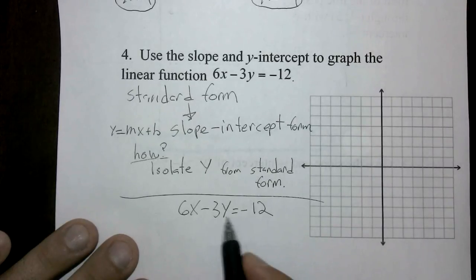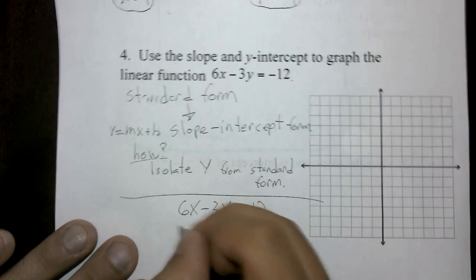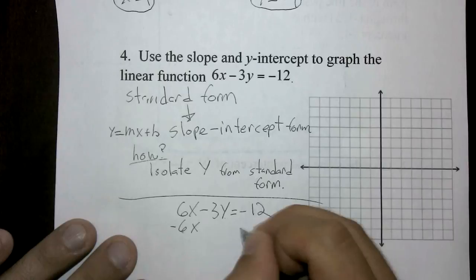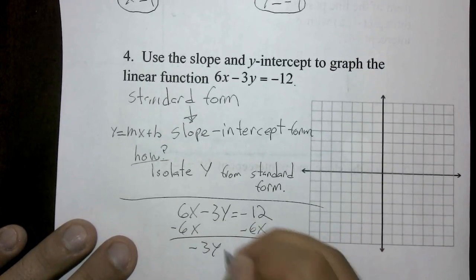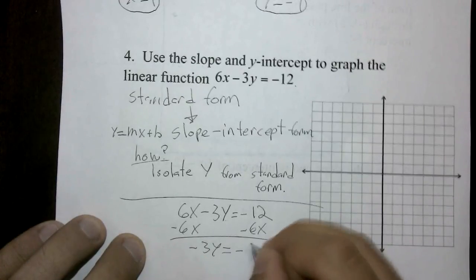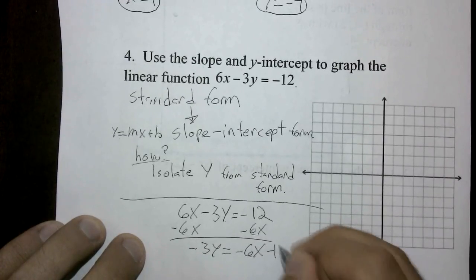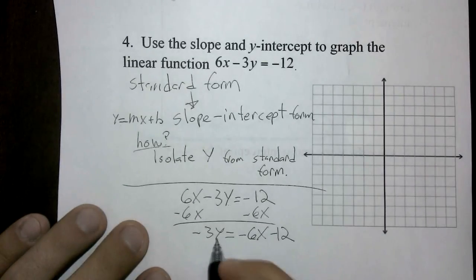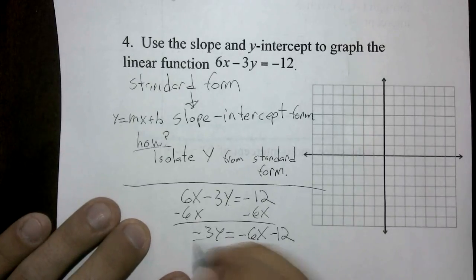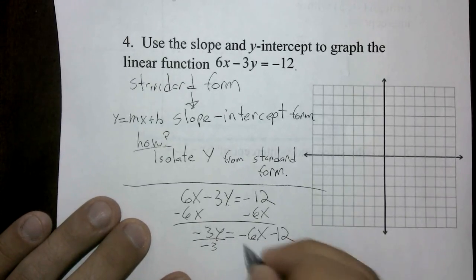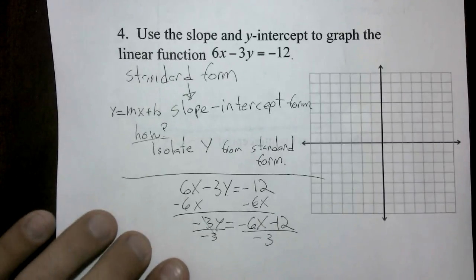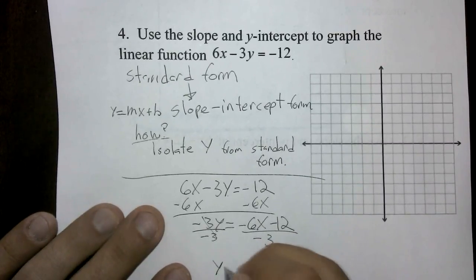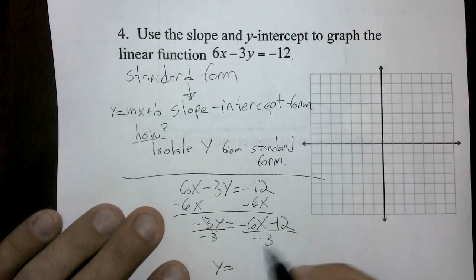If we begin to isolate y, we can deduct this 6x from both sides, leaving us negative 3y equals negative 6x minus 12. y isn't quite isolated yet, but we can divide both sides by negative 3. y is then equal to all of this being divided by negative 3.